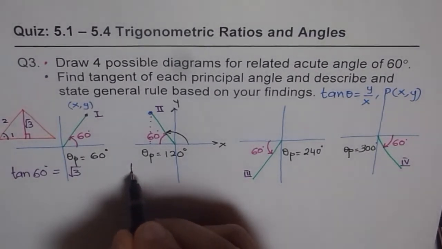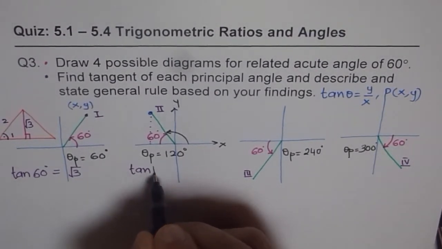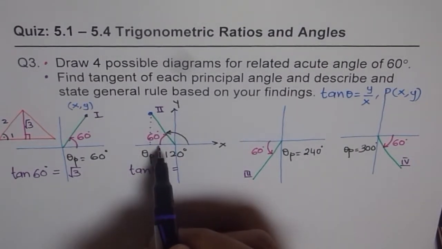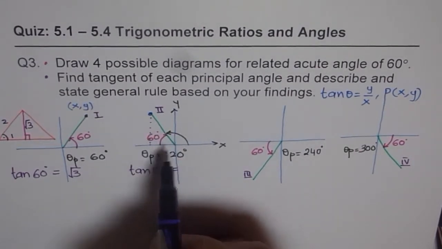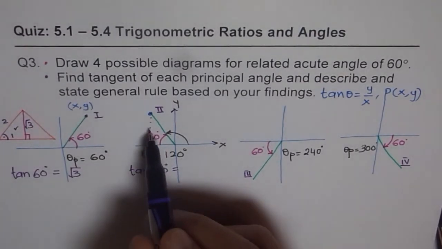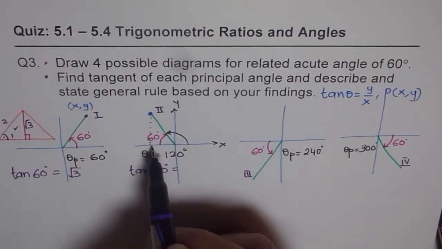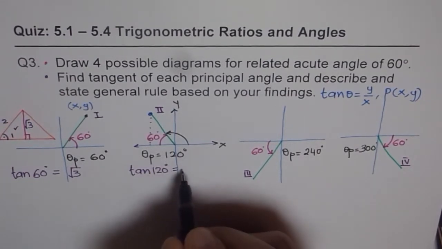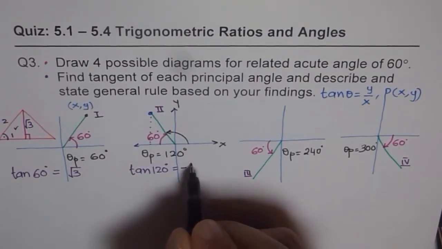So we can say tan of 120 degrees gives you the same related acute angle. We are considering this triangle. Here, this side will be square root 3, positive, and this will be 1, negative, since this is in the negative x direction. Therefore this is going to be negative square root 3.